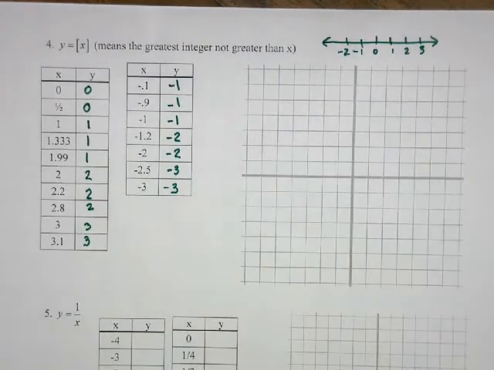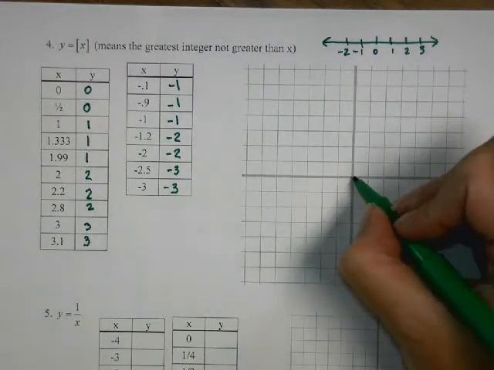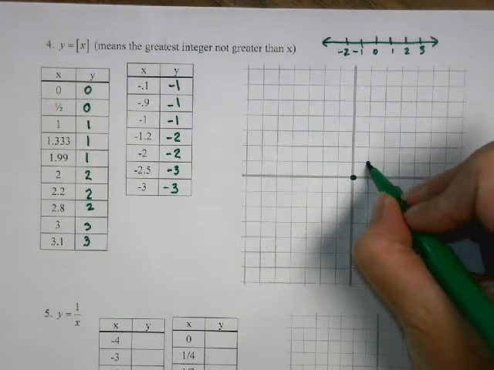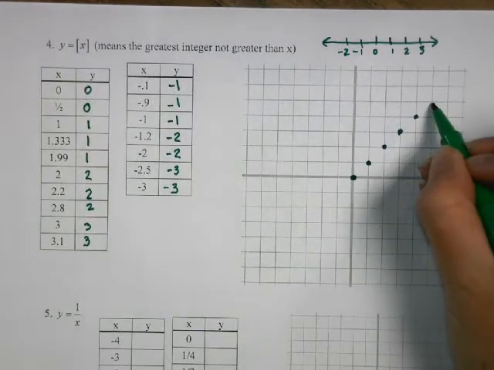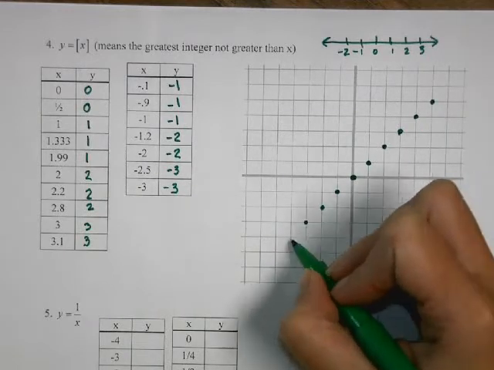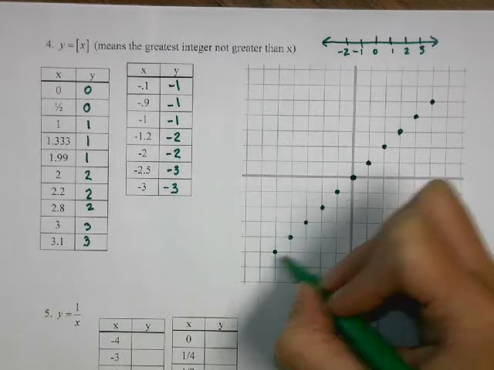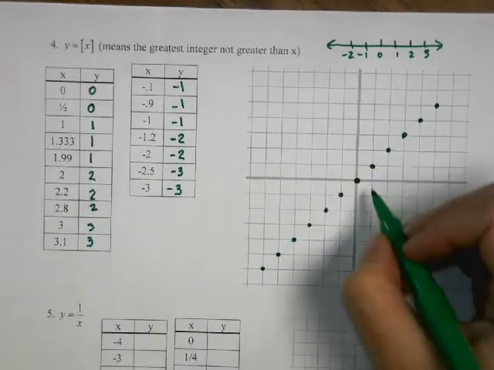So for this graph, I'm going to start with the integers, and I'm going to do a dot on all of the integer values. Okay, then let's start at 0.